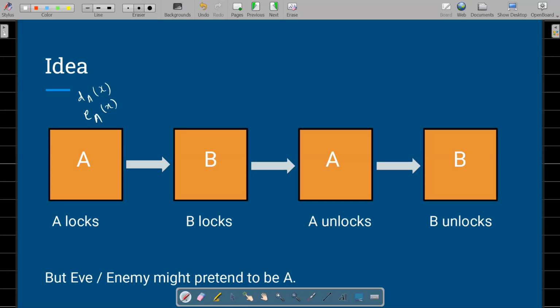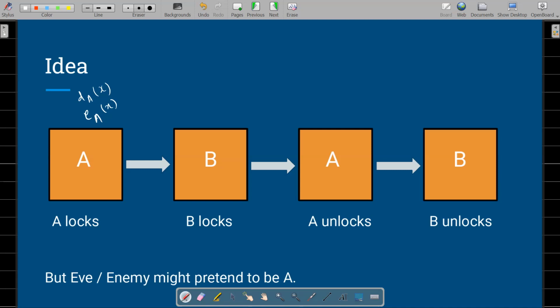Fine. Now assume A can lock the bag and send it to B, and it's safe then. Then B again locks it and sends it back to A. Right. So now there are two locks on that bag, and A takes her lock off. So A unlocks her lock, and still there is one lock, locked by B, and A sends it to B. Then B gets the bag with B's lock, and B unlocks it with his key, and gets whatever message is inside that bag.